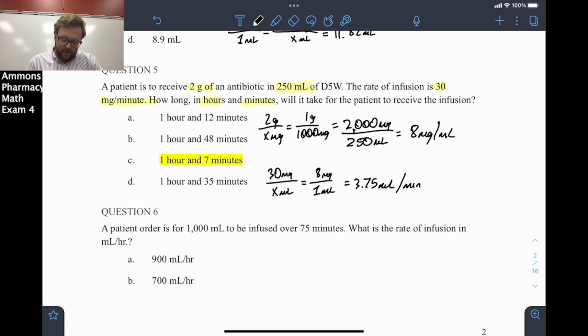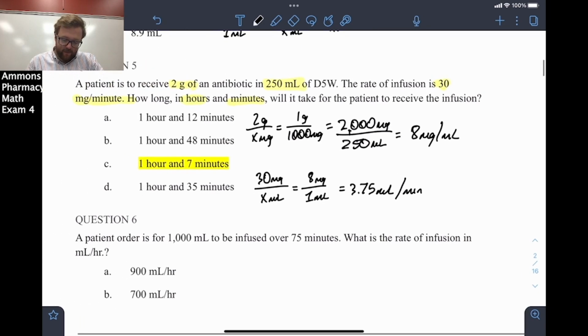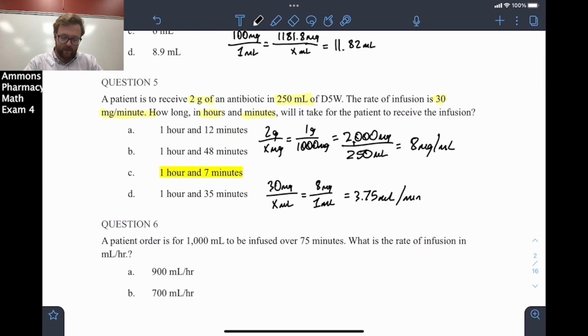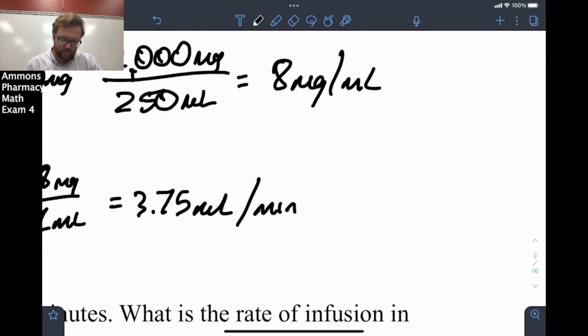Okay, so if we have 3.75 mils per minute, we have 250 mils. So I'm going to do 250 divided by 3.75. That is, let me write that down.